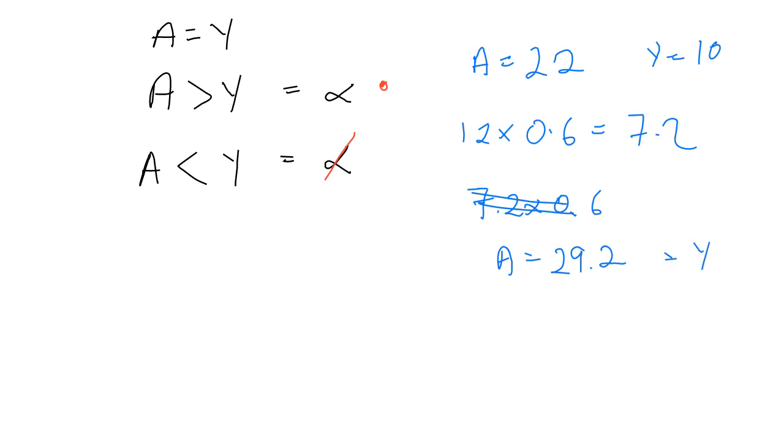But your Y is now equal to 22 million, which means that once again we are going to produce again. So we take that 7.2 and multiply it by 0.6. If you do that, let me know what you get.